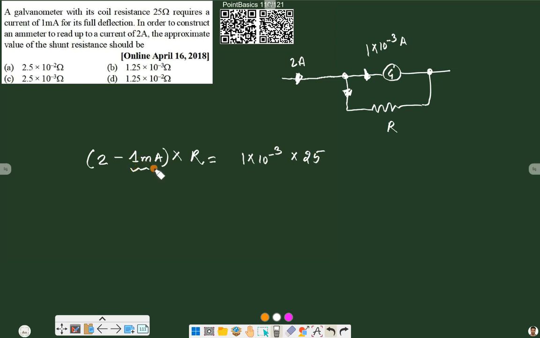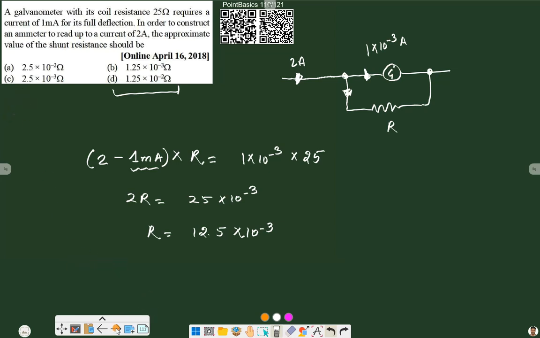Now 1 milliampere is very small as compared to 2, so we ignore it. So twice of R is equal to 25 into 10 raised to power minus 3, and R is equal to 12.5 into 10 raised to power minus 3, or we can write it like 1.25 into 10 raised to power minus 2. Option D will be the right answer here.